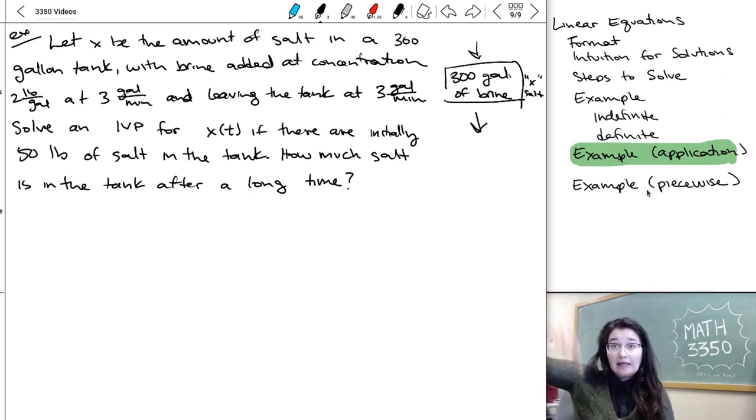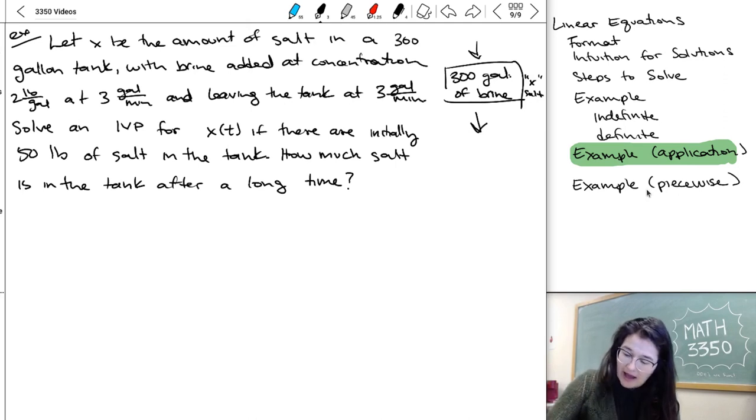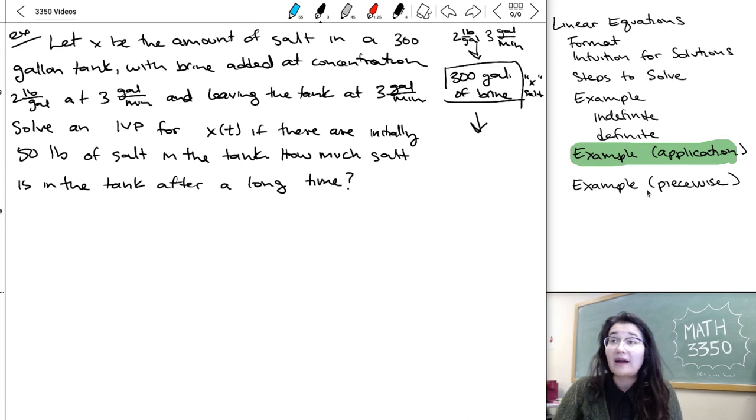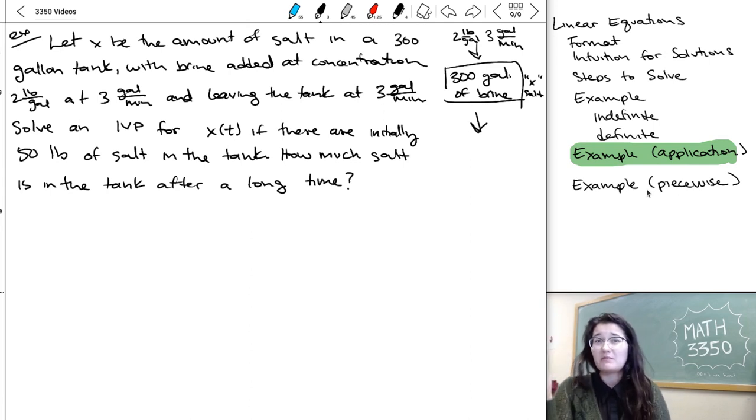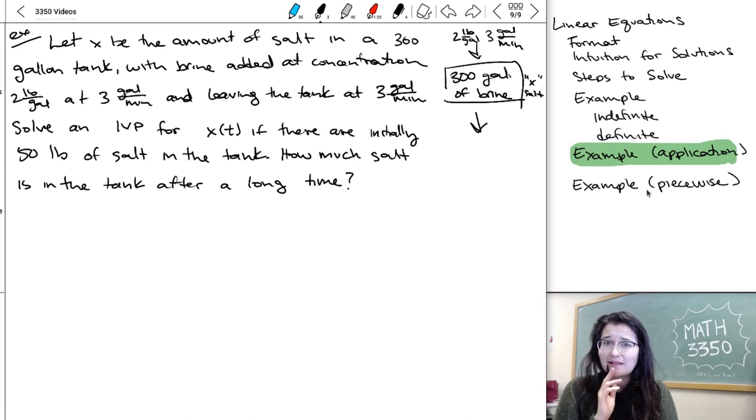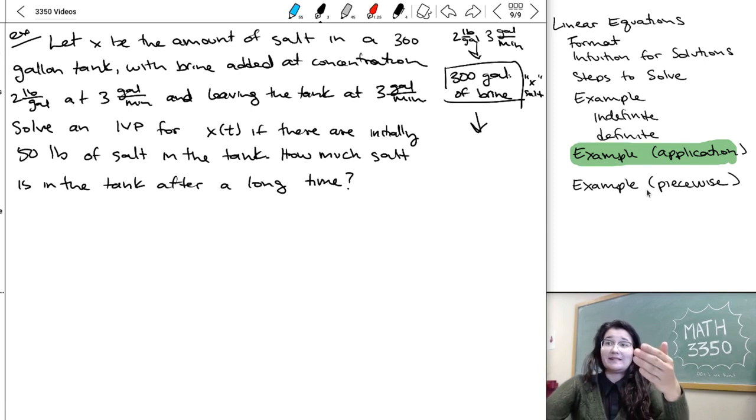And then coming into the tank at 2 pounds per gallon and 3 gallons per minute is brine that's added. And so you might remember going over units in some kind of science class, but those gallons cancel out, and we've got basically 6 pounds per minute of salt coming in.